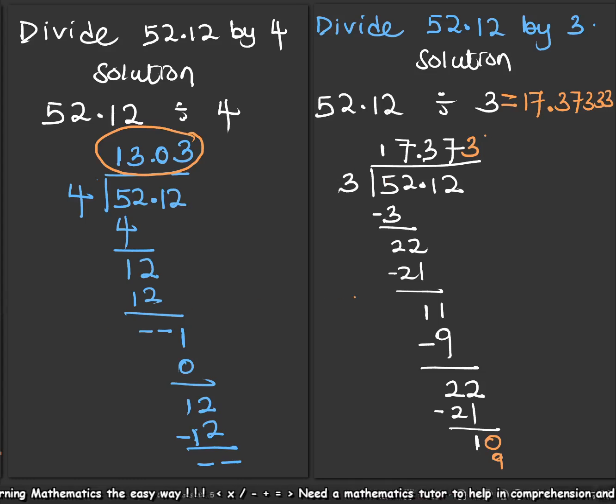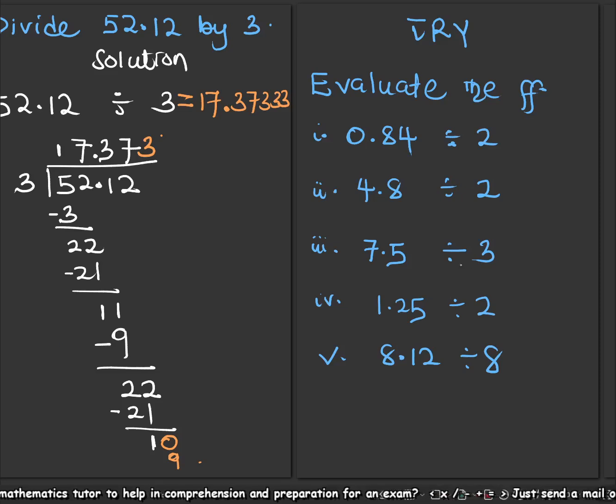So you see, I intended to also explain how we divide decimals by decimals as well, but we wouldn't be able to do that. We would end this over here with the following try work. So you have 5 questions here you can try on your phone. It says you evaluate the following: 0.84 divided by 2, 4.8 divided by 2, 7.5 divided by 3, 1.25 divided by 2, and then 8.12 divided by 8.